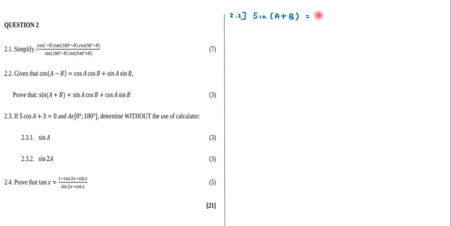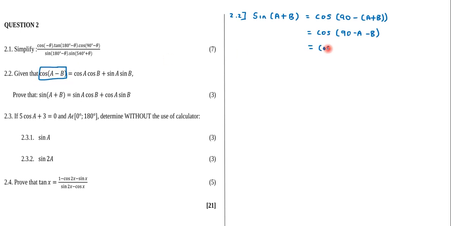Now when you write it as a co-function, it becomes cos 90 minus A plus B. Now here we can then simplify this as 90 minus A minus B, right? Then now from here, what we then do is we need to actually make it look like that, right?